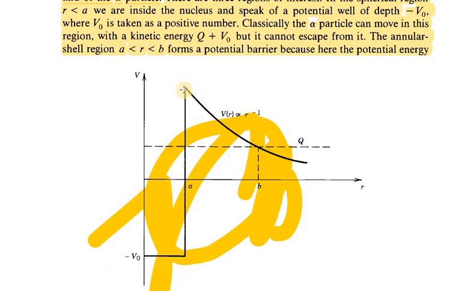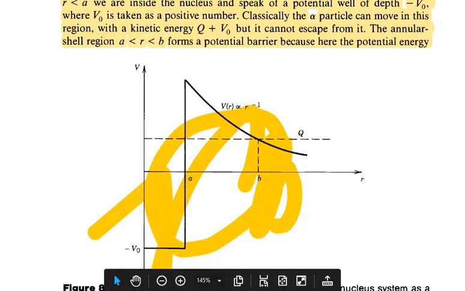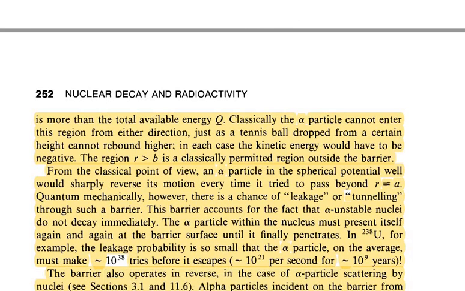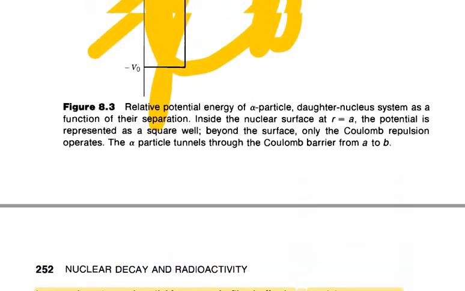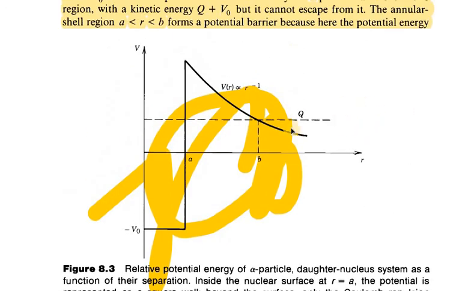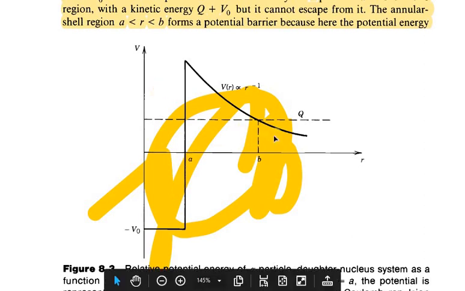Then the second region is the annular shell region, where R varies between A and B. In this second region, it forms a potential barrier because here the potential energy is more than the total available energy Q. Classically, the alpha particle cannot enter this region from either direction, from this side or from this side, because of the height of this potential barrier.